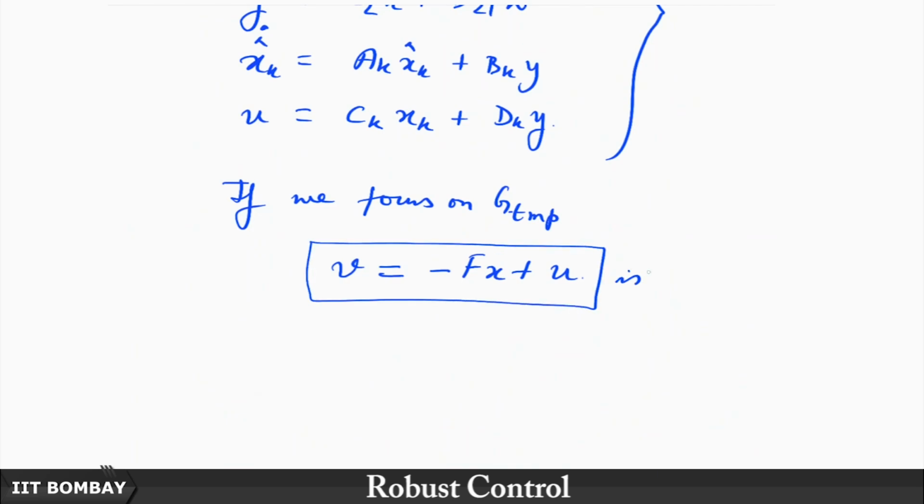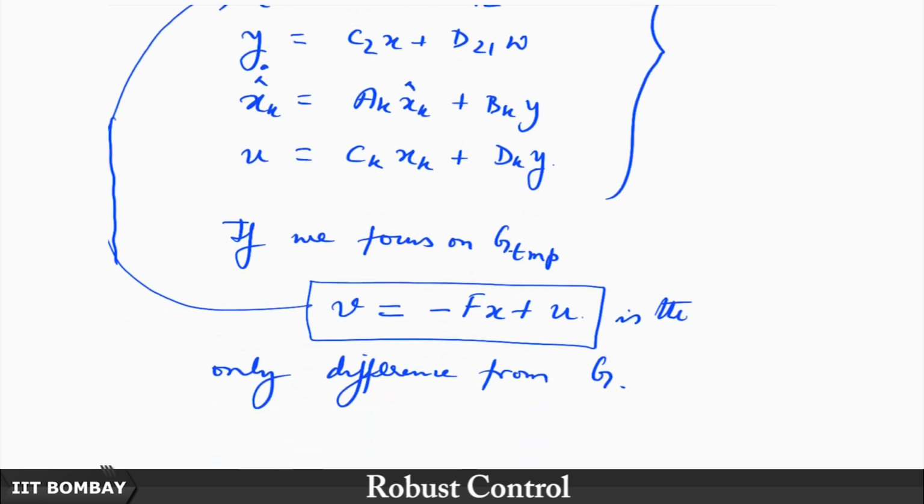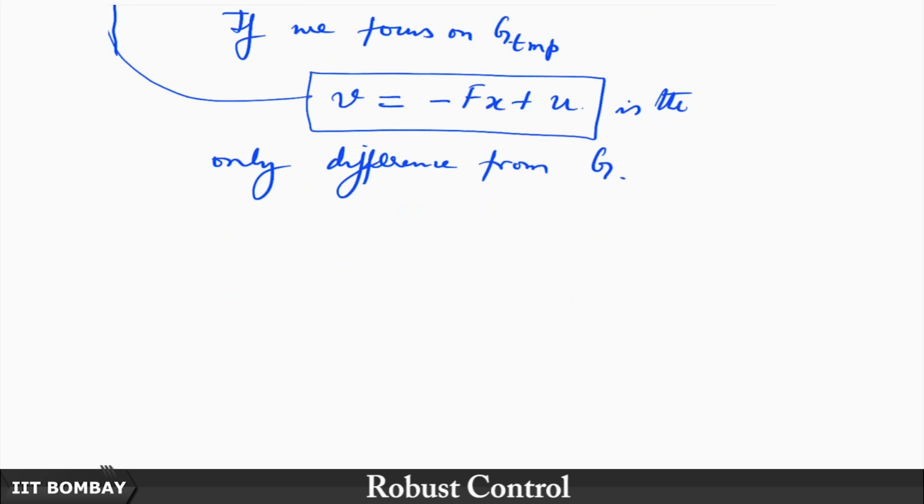That is the only difference from G. So, basically this replaces this, yeah, that is the only difference. Okay. So, bear with me a little. What are we therefore saying?